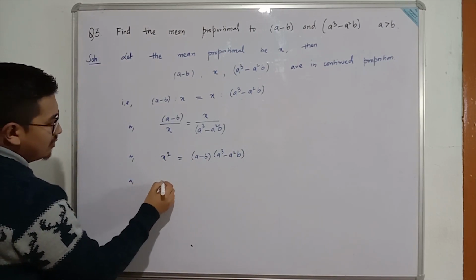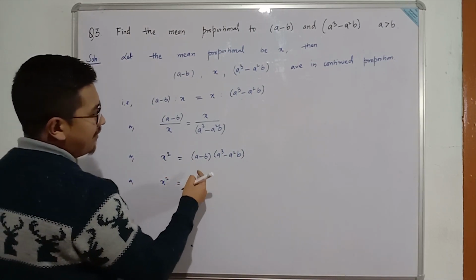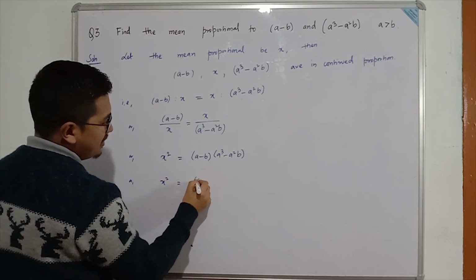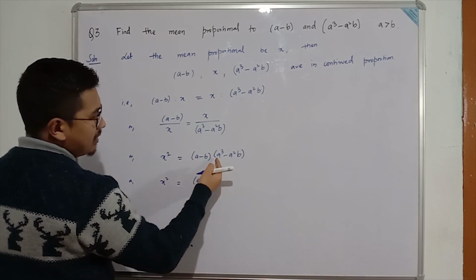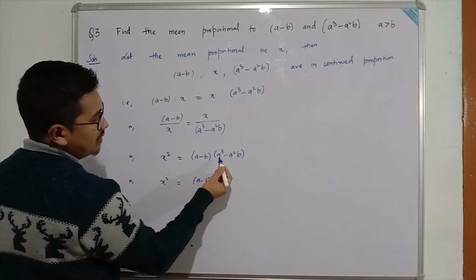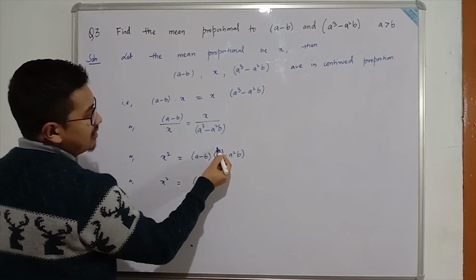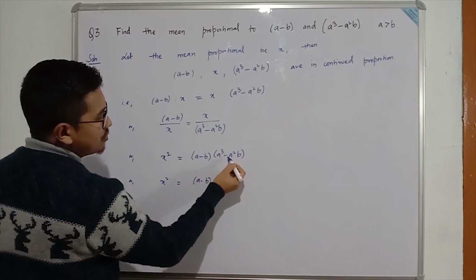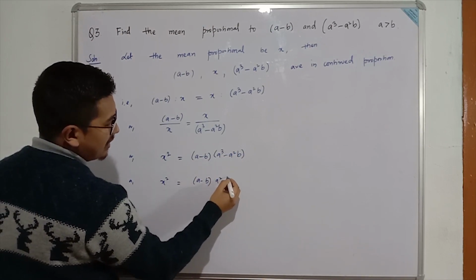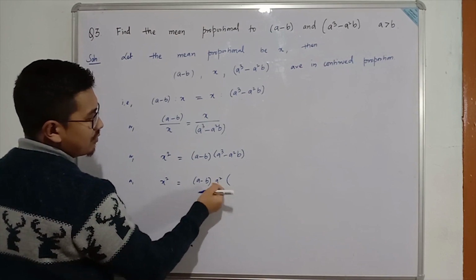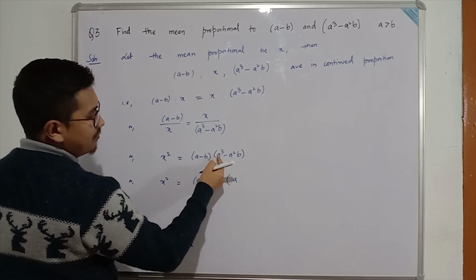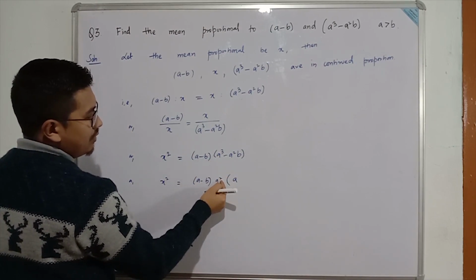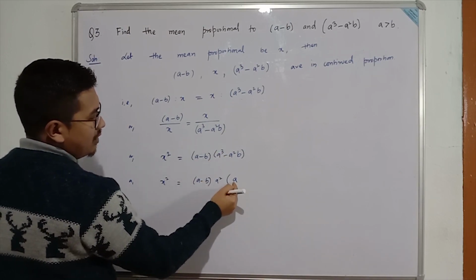What we have on the right hand side. So a minus b is a minus b only. And if we take out a common from here, a cube means a into a into a, that means there are 3 a's here and there is 2. So we'll take out a square common, so out of 3 a's we are taking out 2, so we have 1 a remaining.